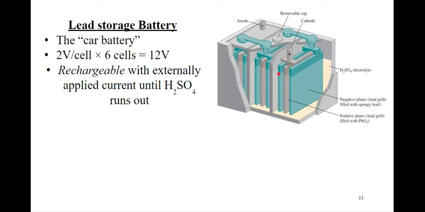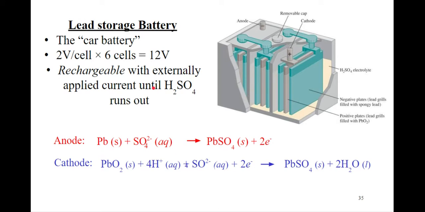The sulfuric acid acts as an electrolyte, but it also functions to make the battery rechargeable. It has a series of 6 cells, and if each one is 2 volts, it can construct a 12-volt battery. Lead serves as the anode. It gets oxidized, but they're rechargeable.